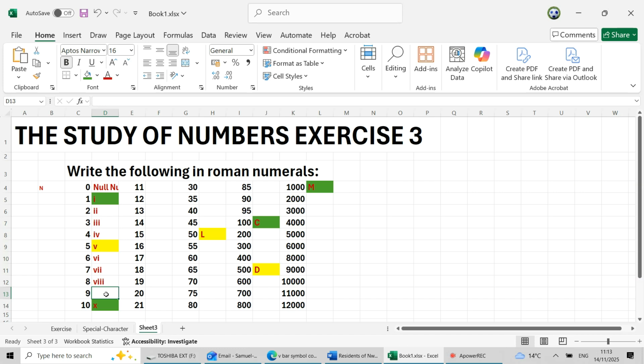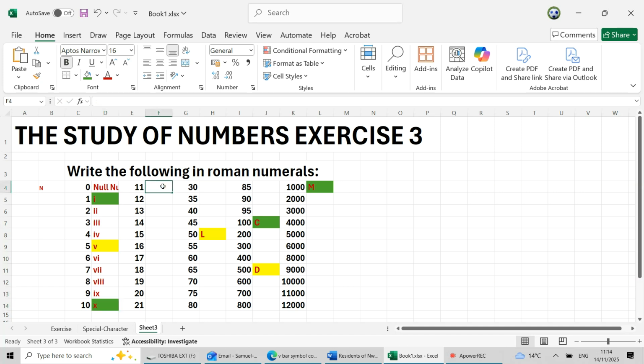So we need to subtract 1 from 10 in order to make 9. To do that, we write I first, which is the symbol of 1, a small I, and then put X there. The X is not capital; it is a small x for 10. So that's 9 for you.